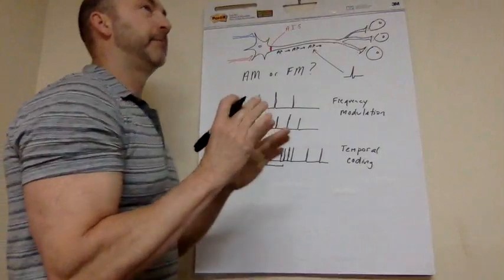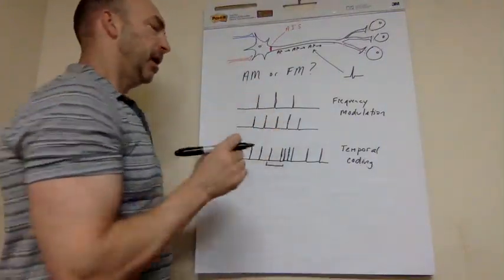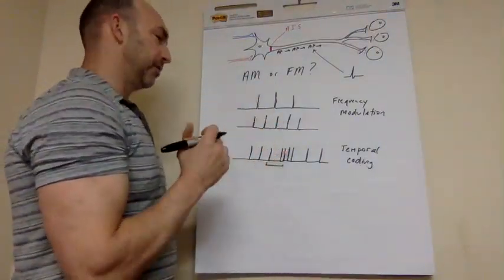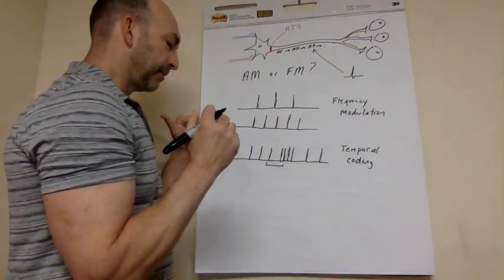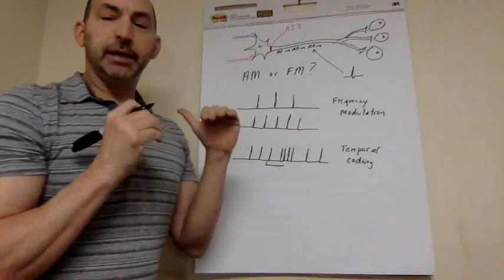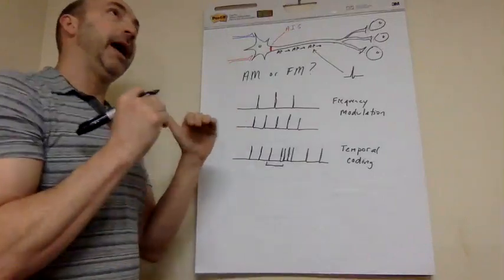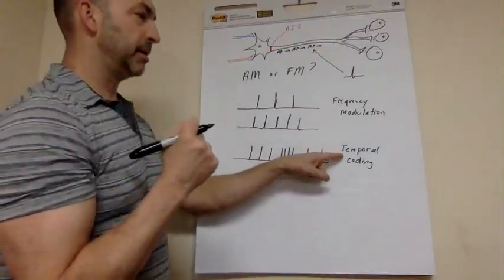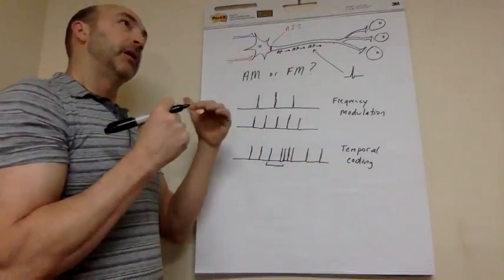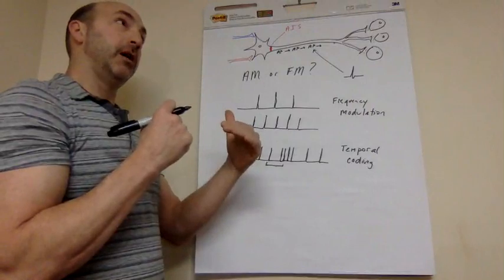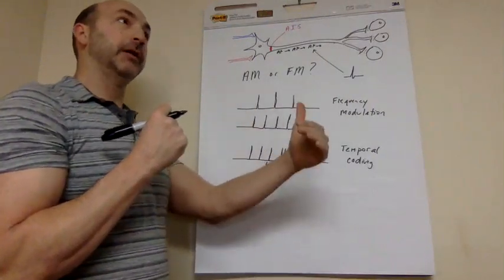It's hard to put a picture on it, but it's groups of neurons working together. In spatial coding, so spatial means, temporal meant in time, spatial means in space. So in spatial coding, we have groups of neurons innervating different targets.